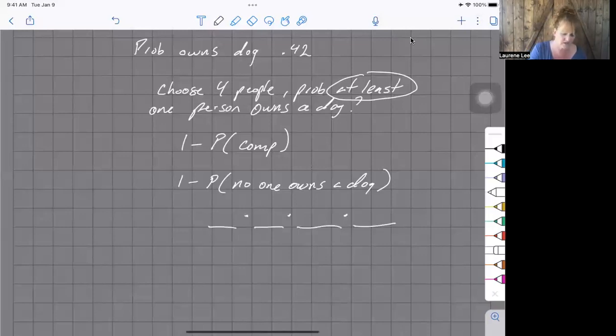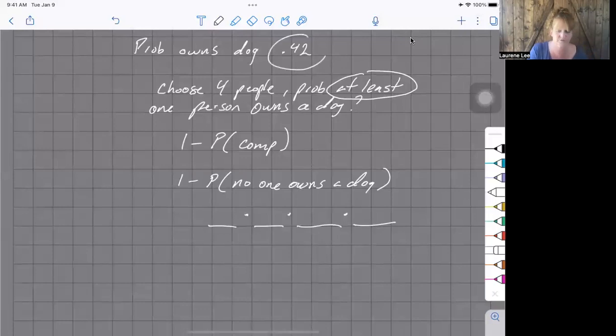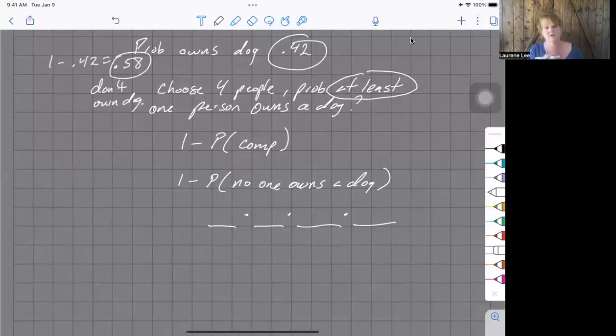So if there's a 42% chance that somebody owns a dog, then the way that I find how many people don't own a dog is I'm going to go 1 minus 0.42. That's going to be 0.58. This is the percentage of people that don't own a dog, right? Because you either do or you don't own a dog.